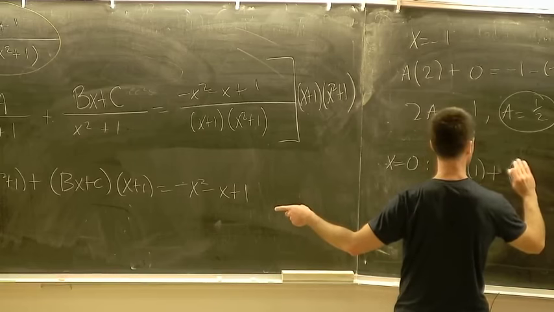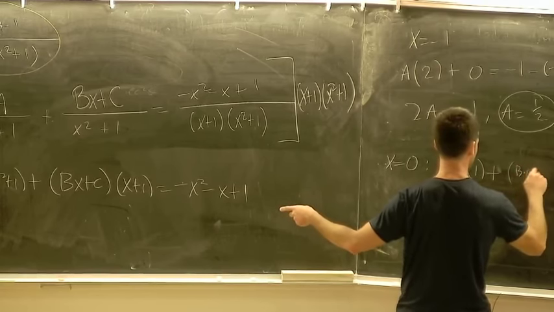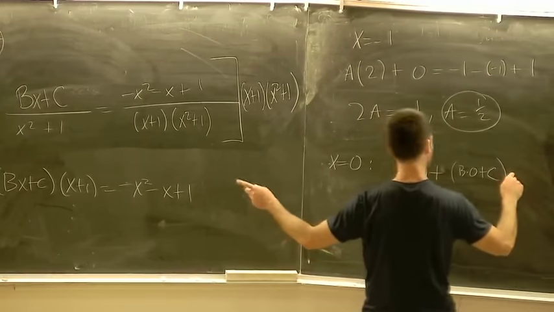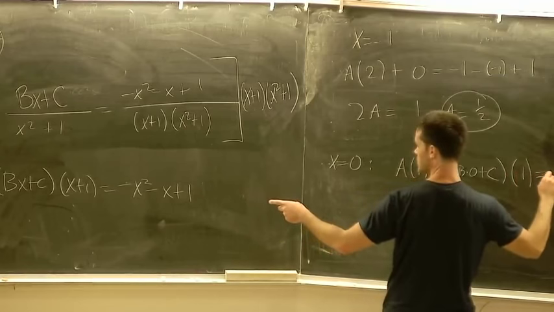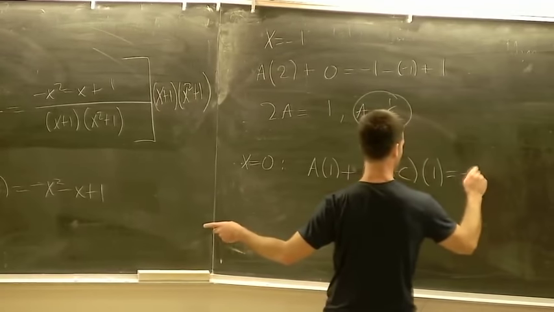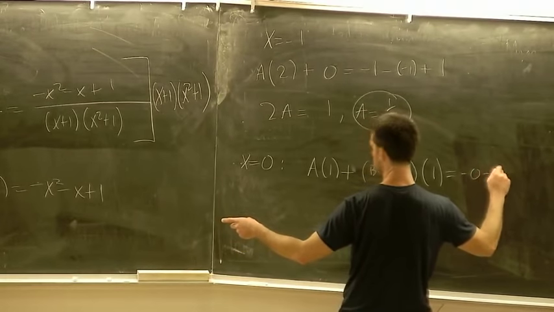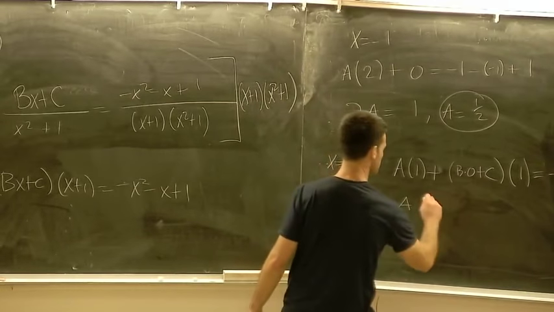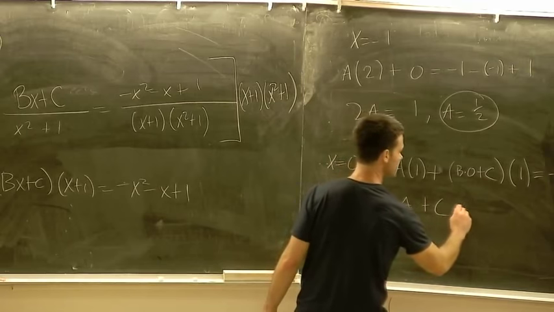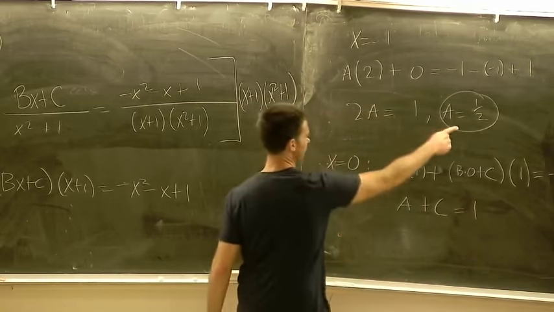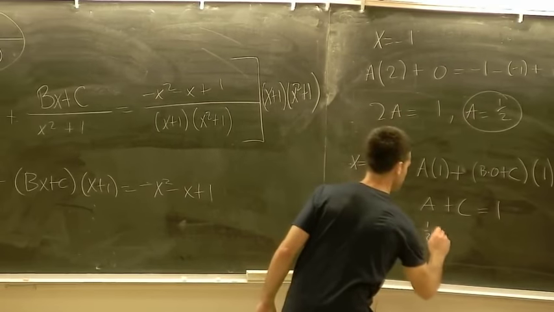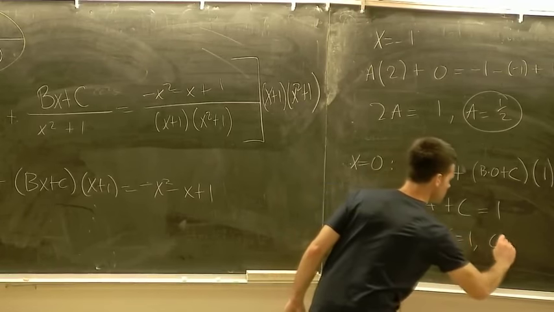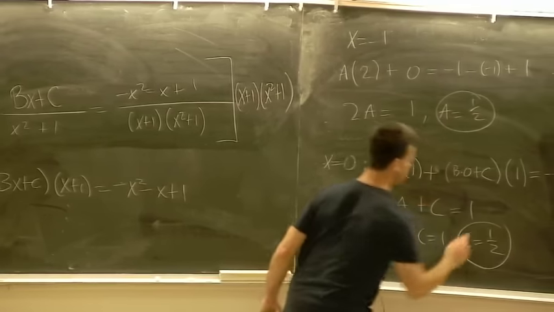I just get c. So b times 0 plus c times 1 equals minus 0 plus 1. Okay, so a plus c equals 1. A is 1/2, so I guess c is also 1/2.